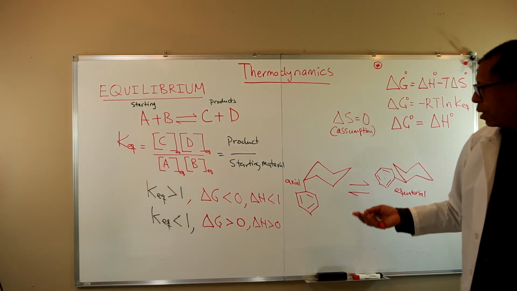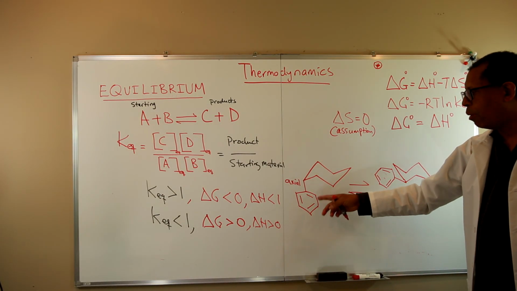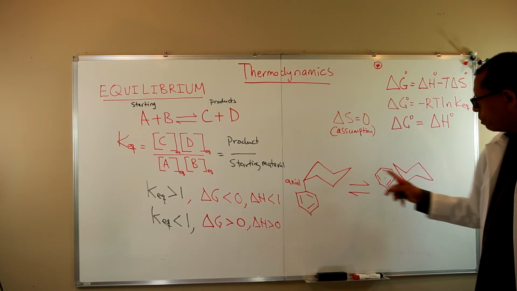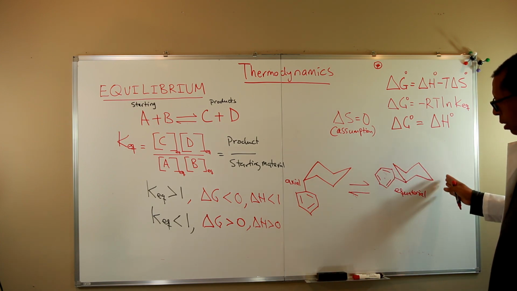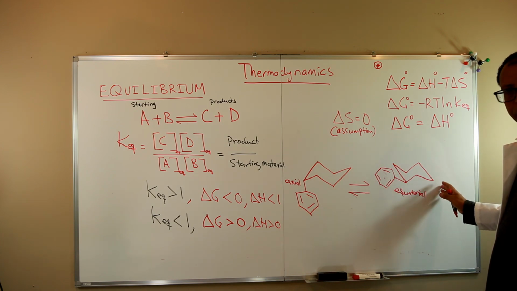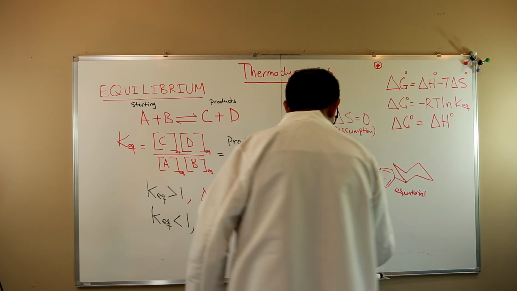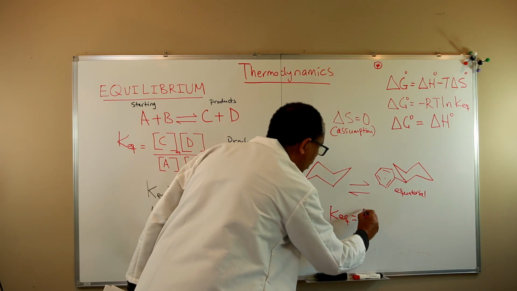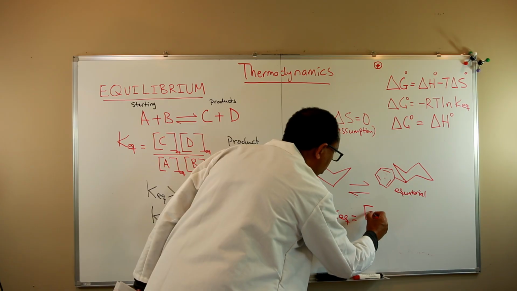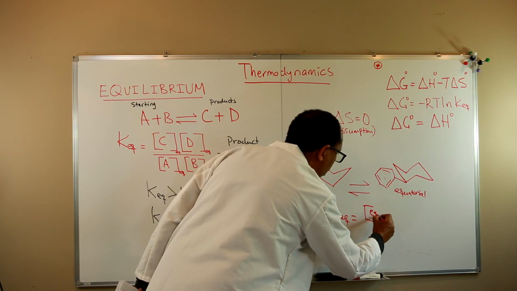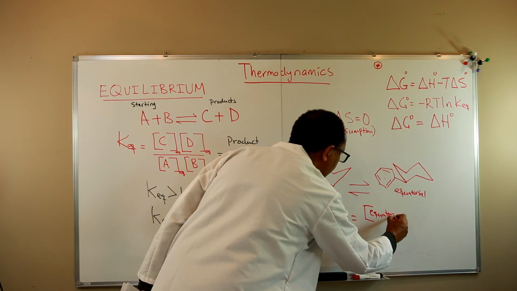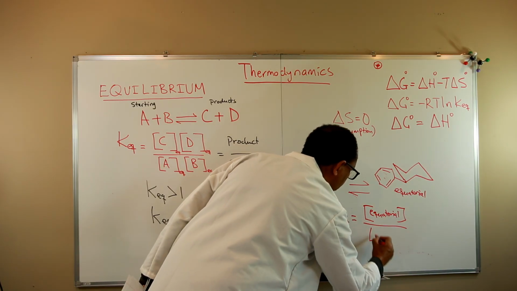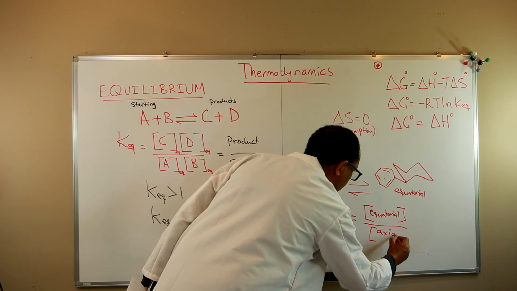Obviously you remember that the axial position of a very bulky group is not favorable. So the product side, meaning the right side, is more favorable. So the equilibrium constant is the concentration of the equatorial over the axial, right?